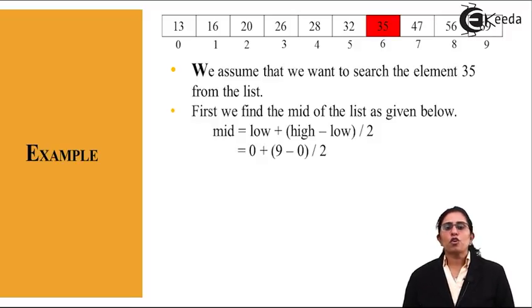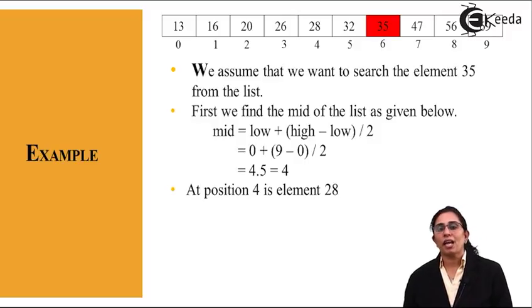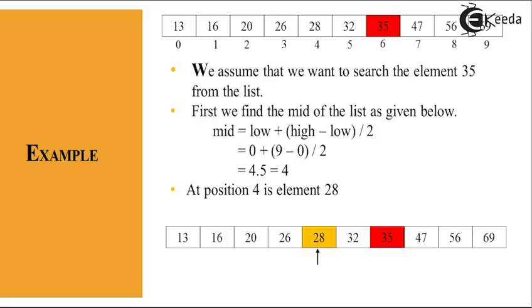So we do 0 plus (9 minus 0) by 2. If you see, the answer is 4.5. So we round off to 4. So now what happens? The position 4 has element 28. So my mid is at location 4, element is 28, which is highlighted.